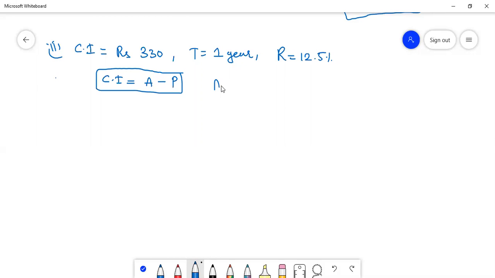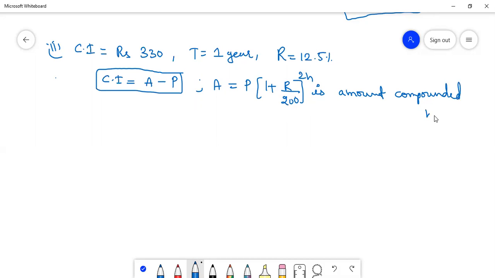Here, A is equal to P into 1 plus R by 200, whole power 2n, is the amount compounded half yearly.